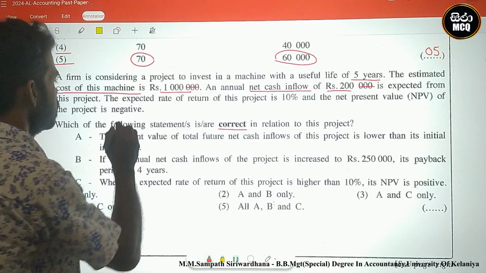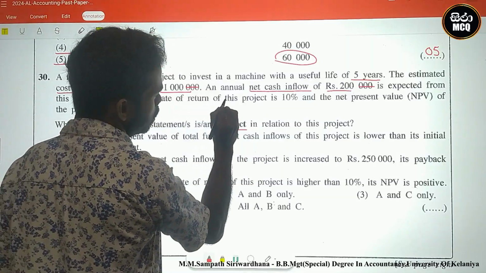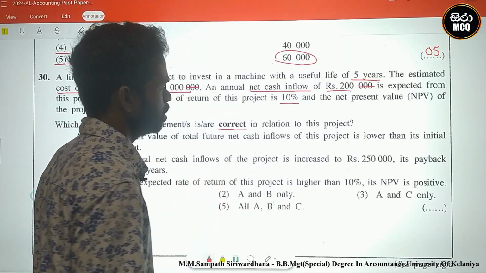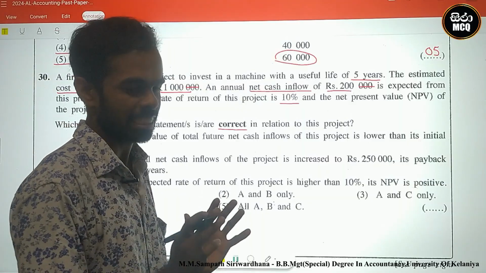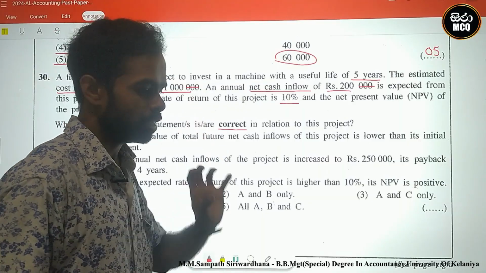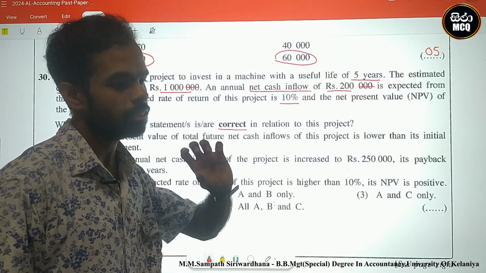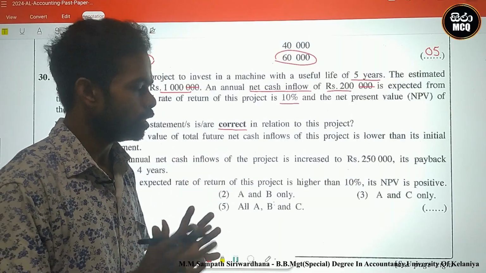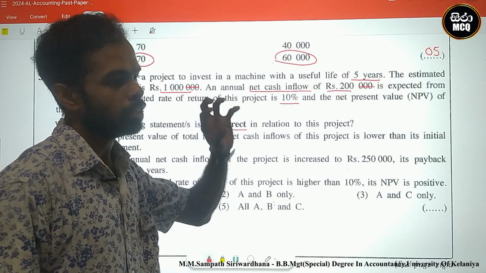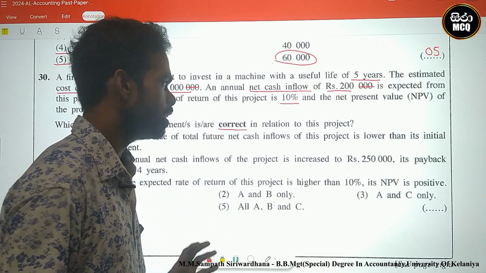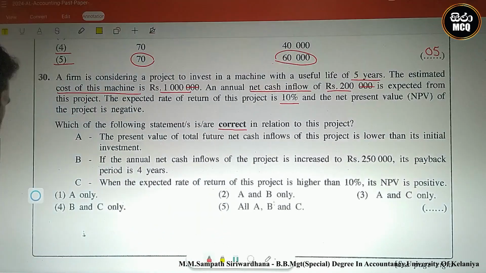Next one: the expected rate of return of the project is 10%. Don't think about this. Firstly, expected rate of return means the investor expects a 10% benefit from this project. The 10% benefit means the interest rate. Why did I say that? Look here.